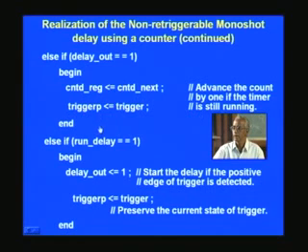And now if run delay, which was the actual sensing of the rising edge, is 1, and this is going to happen only once, then delay out must be set to 1. And we have seen that in an always block, all these equals are non-blocking statements. That you should not forget. And once again, you should not forget to push the current value into the previous value here.